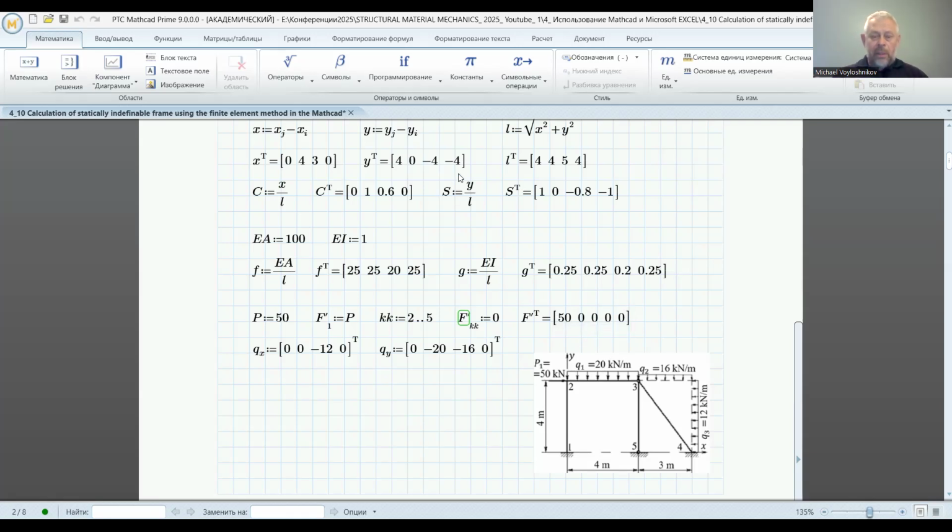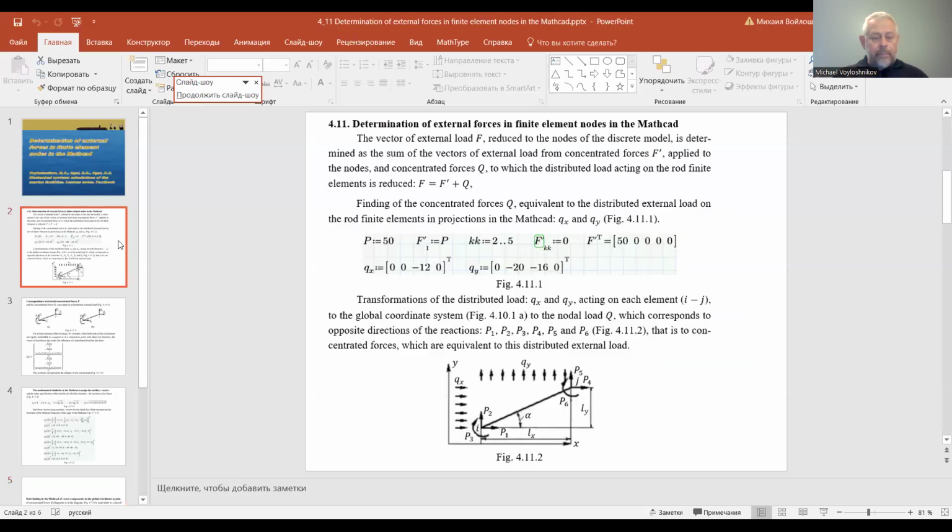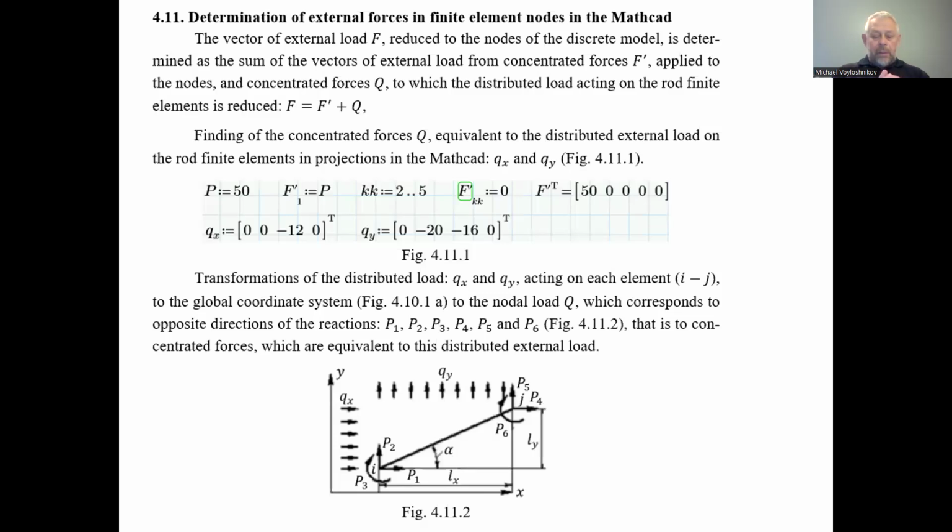So let me go back to the presentation of the article 4.11. Okay. So we have the same fragment of the Mathcad computer algebra system page.